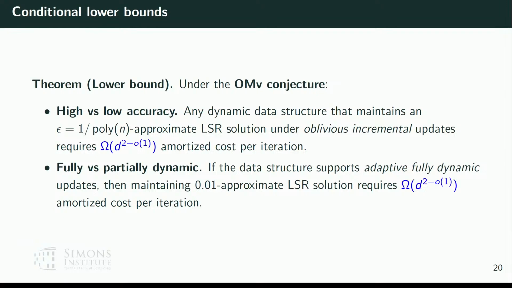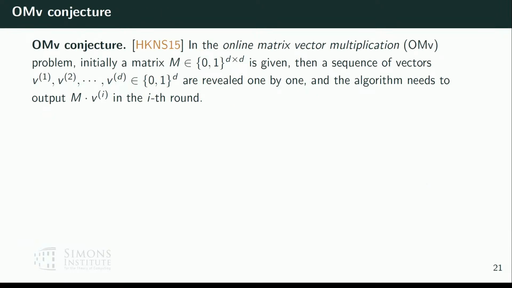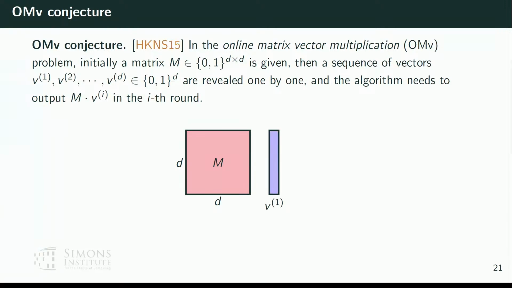Okay. And all of our lower bounds are based on the OMv conjecture, which is a pretty widely used conjecture in fine-grained complexity. In this conjecture, we consider the online matrix vector multiplication problem. Initially, we're given some Boolean matrix M of size d by d. And then in each iteration, we're given a Boolean vector v_i.